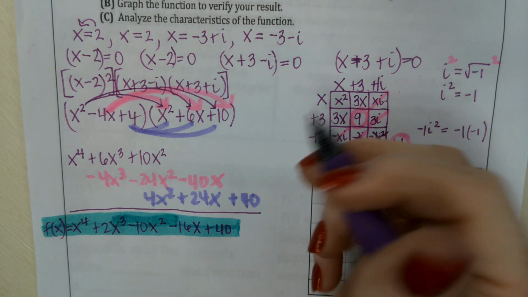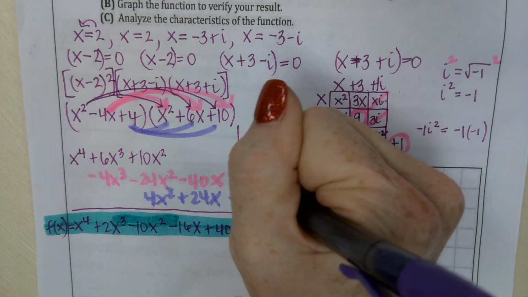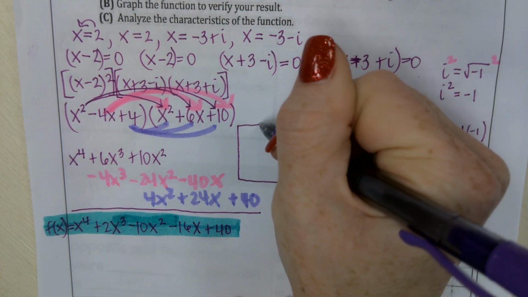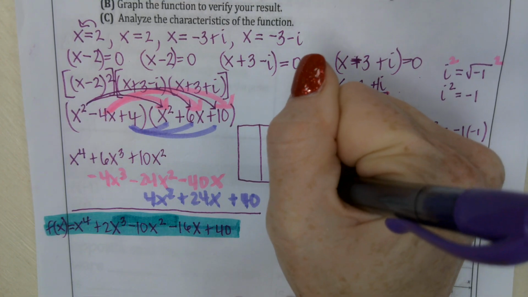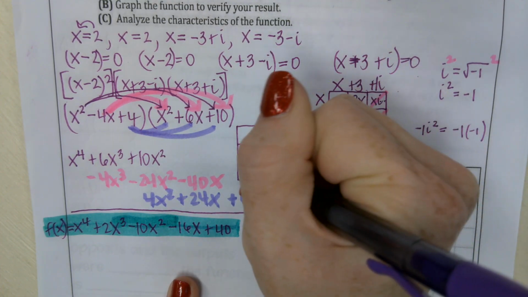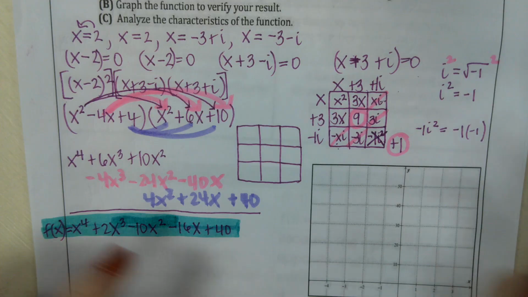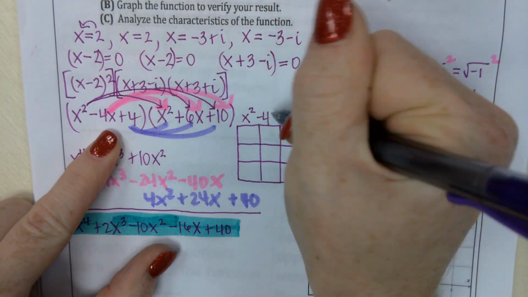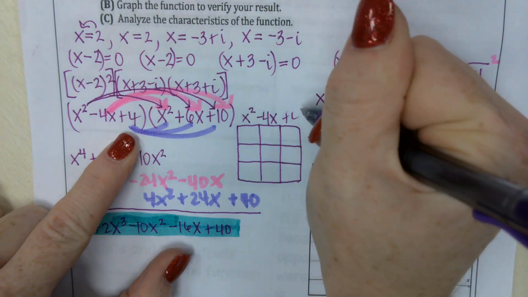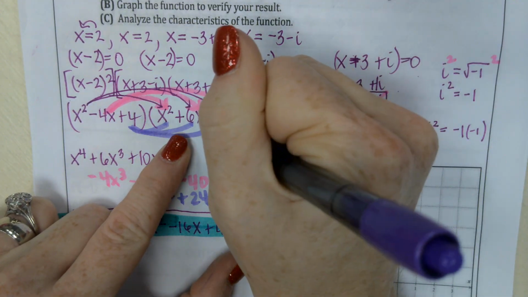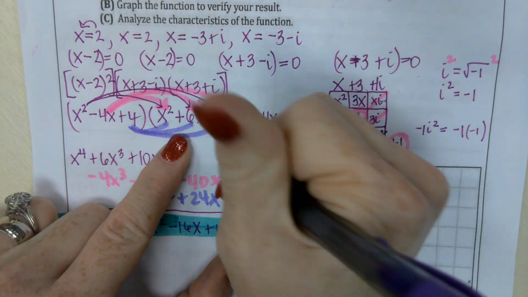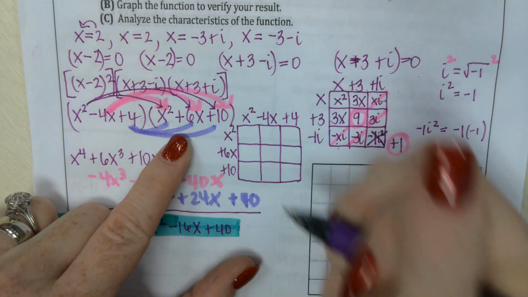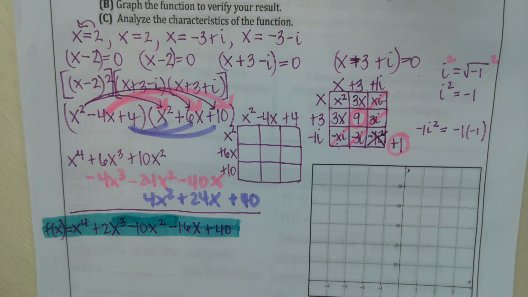Now, for those who want the box, I'm going to show you the box right here. Once again, I have another 3 by 3 box. I am putting x squared minus 4x plus 4 on one side. Then I have x squared plus 6x plus 10 on the other side.